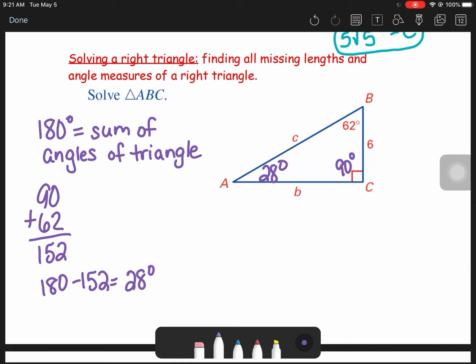Now, we are going to circle the 62 since it was given to us, and that's going to be our theta. So that means that the 6 is our adjacent side.